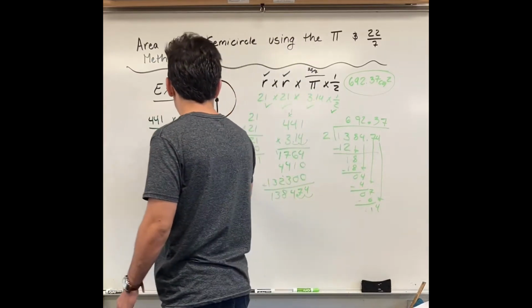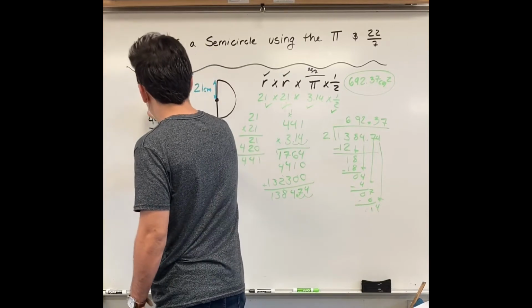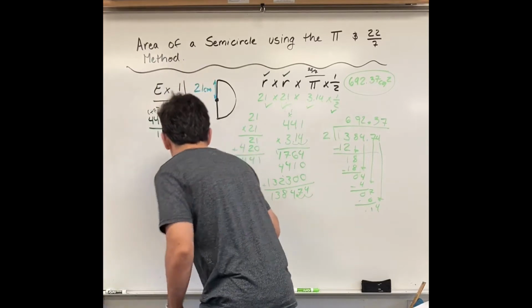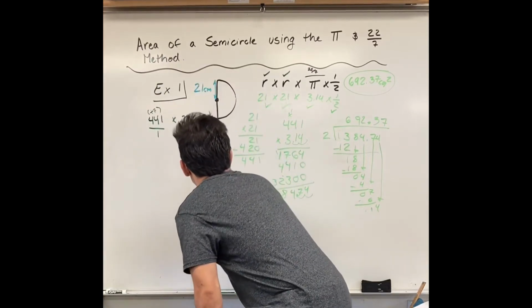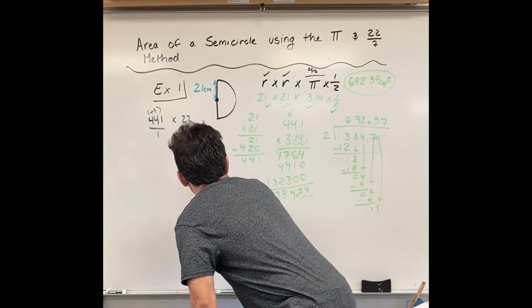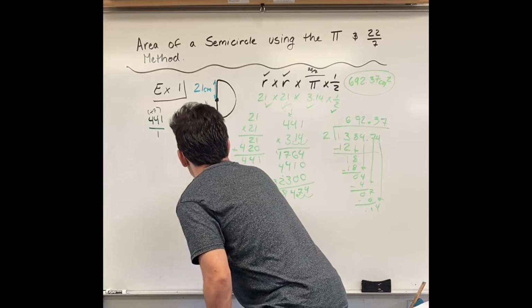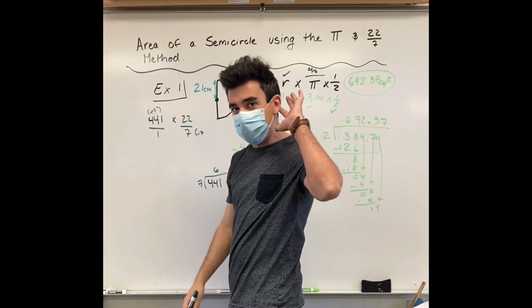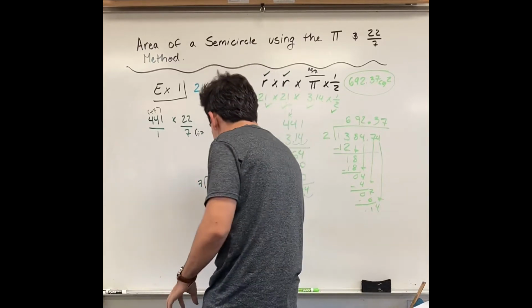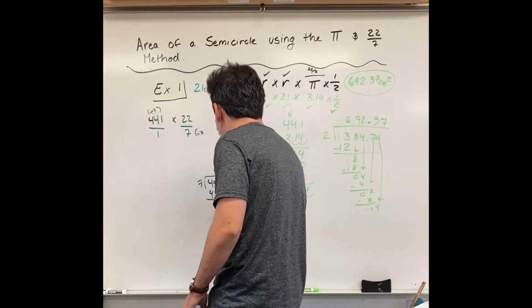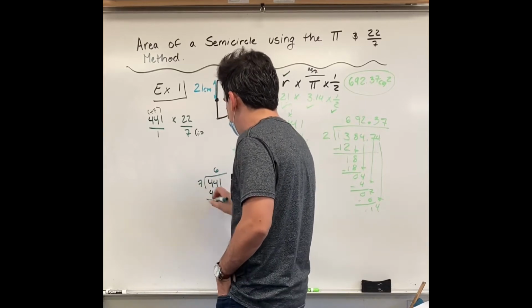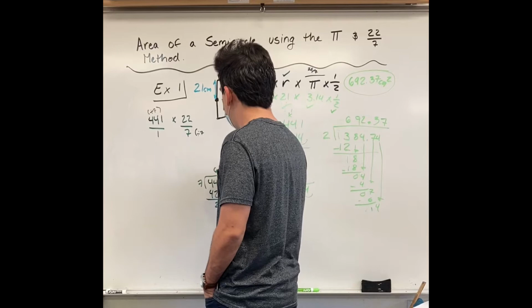Let's do that. Divide by 7, divide by 7. So I'm going to come down here. I'm going to divide by 7, 441 divided by 7. 4 goes into 44 6 times. And what's 6 times 7? Good, 42. And 44 minus 42 is 2. Bring down the 1. 7 goes into 21 3 times.